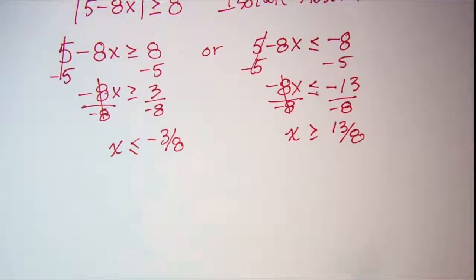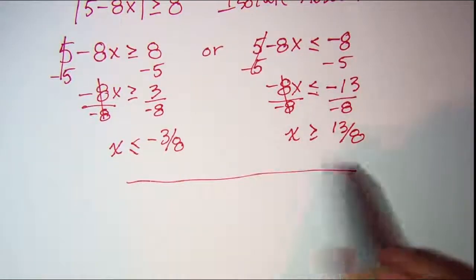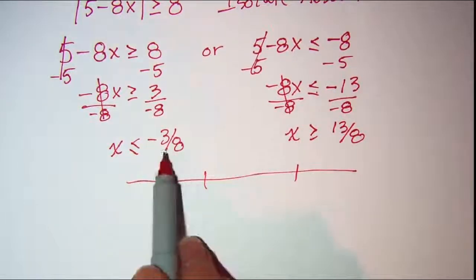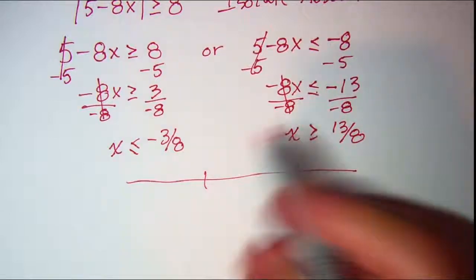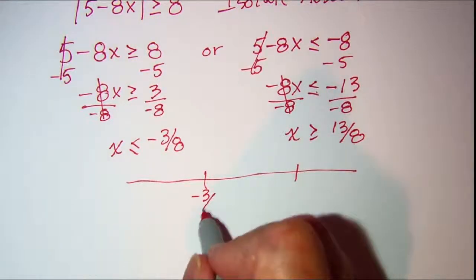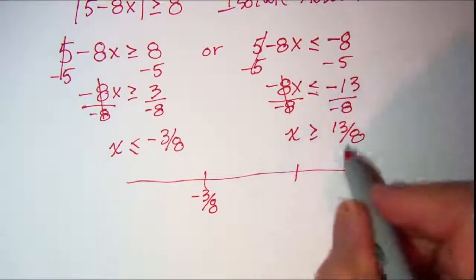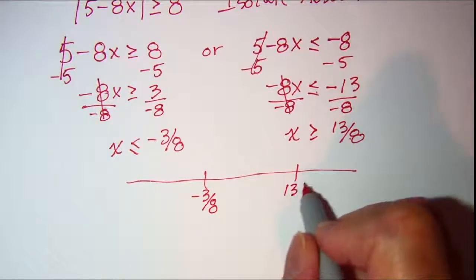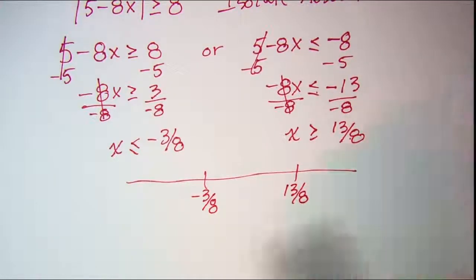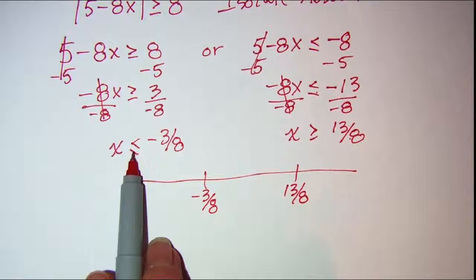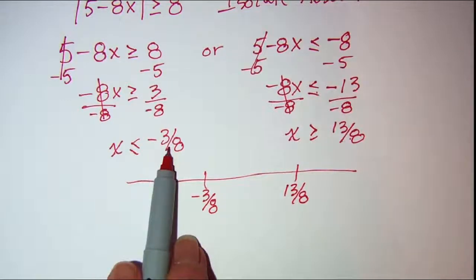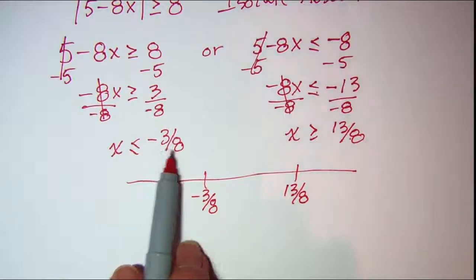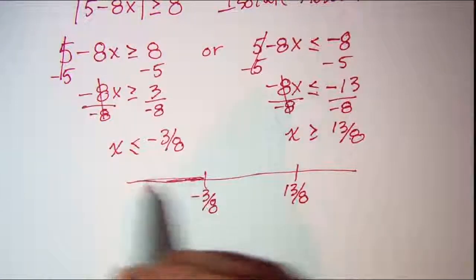So let's look at our graph. Our 2 points are negative 3/8 and 13/8. So my negative 3/8 is to the left of 13/8 on my number line. I want all my x's to be less than or to the left of negative 3/8. So that's these numbers.